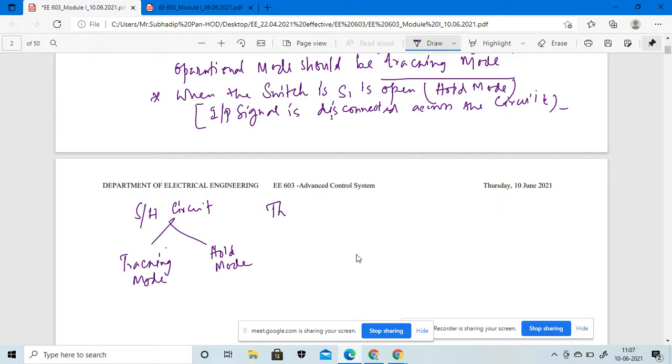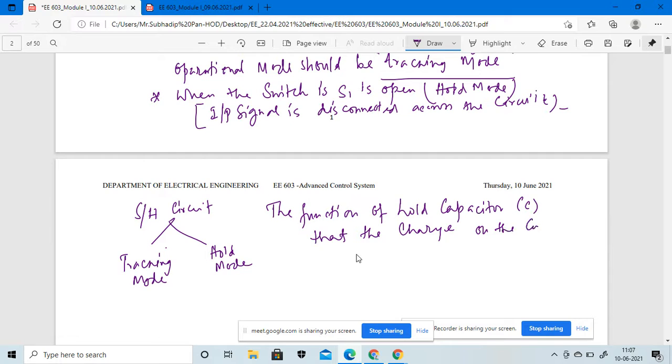The function of the hold capacitor, or we can say C, is that the charge on the capacitor in a circuit tracks the input voltage.